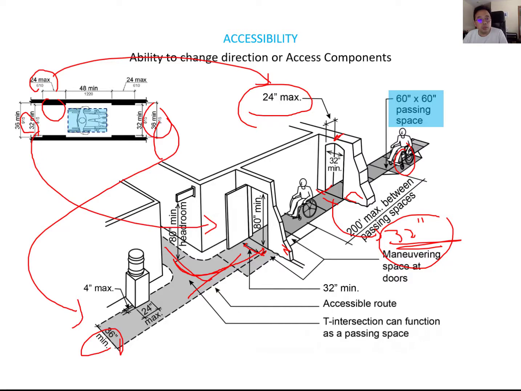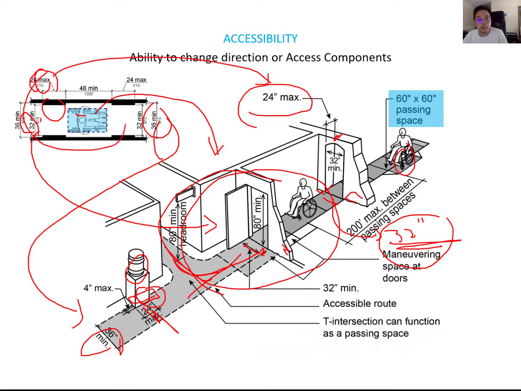And when you're designing any object here in the public passageway, like a water zone here, you have to provide more than 32 inches, and the depth has to be less than 24 inches. So every single design here, the dimensions in this diagram have to be applied and adapted to design in any public space.